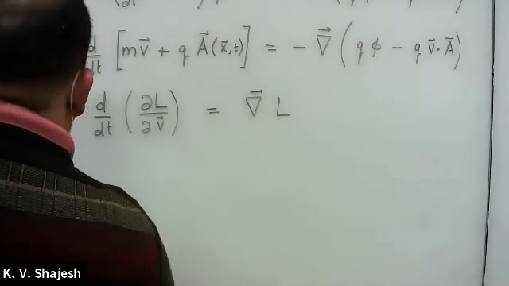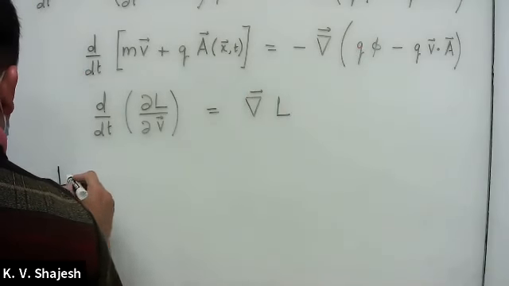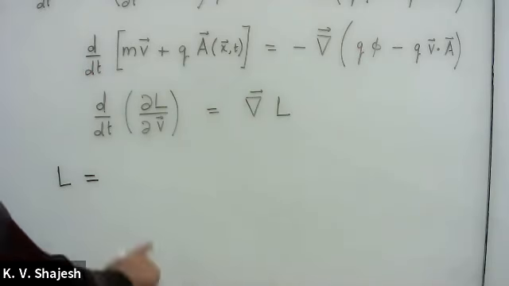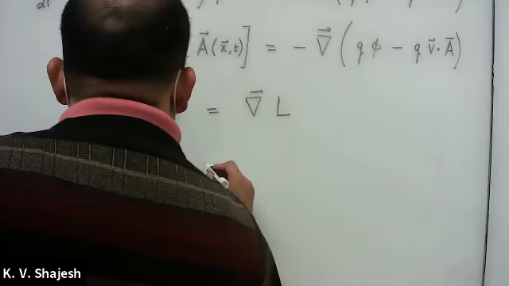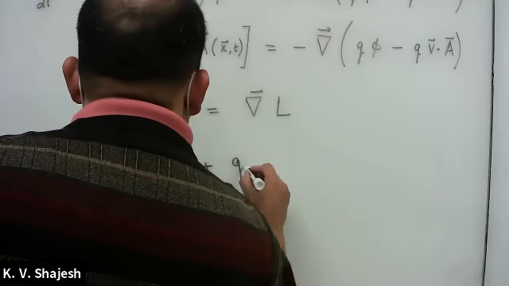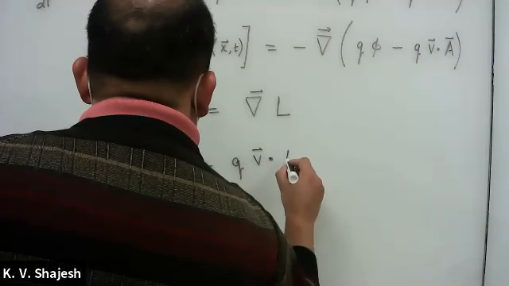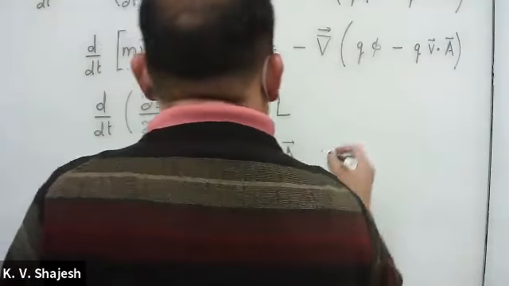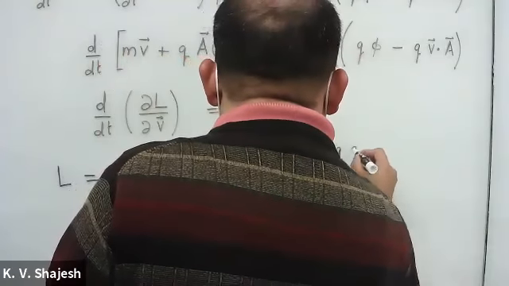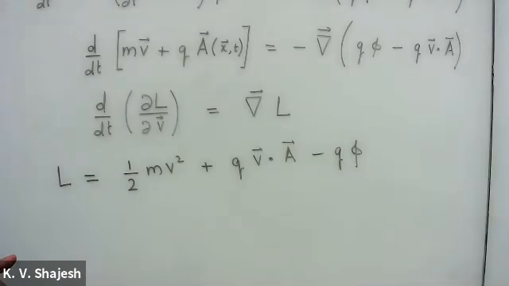If I compare these two, immediately I can see what L would be equal to. So I should have half mv squared plus q times v dotted with A, minus q times phi. That's your Lagrangian. Let's check whether this is correct or not.